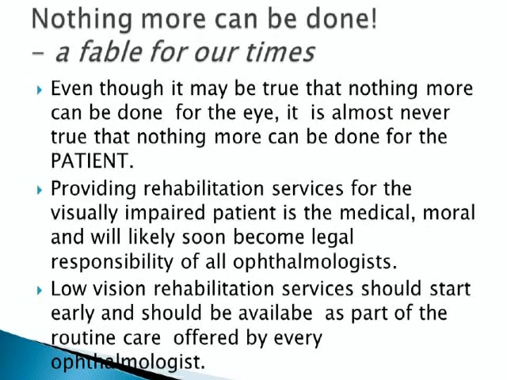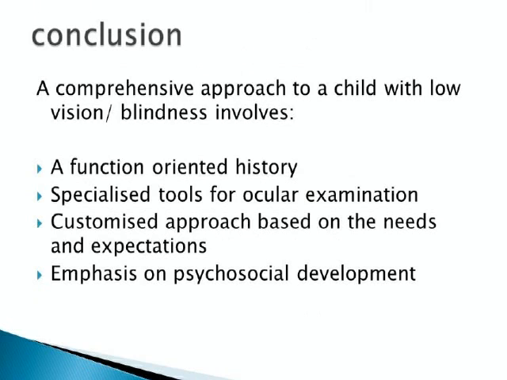Low vision rehabilitation services should start early and should be available as part of the routine care offered by every ophthalmologist. To conclude, a comprehensive approach to a child with low vision or blindness will involve a function-oriented history, specialized tools for ocular examination, a customized approach based on the needs and expectations, and emphasis on psychosocial development.